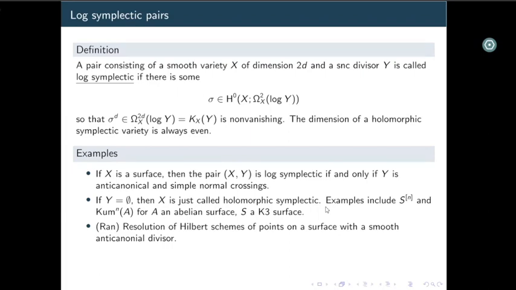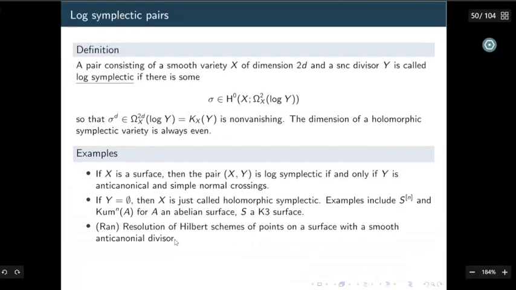The pair consisting of the Hilbert scheme of points on a rational surface or something with this divisor is log symplectic if you forget about the SNC condition here. But what Ran really does is he gives a resolution of this divisor, which produces an SNC pair, which remains symplectic. This is a bit of work to do. So these are just examples that come from the literature.